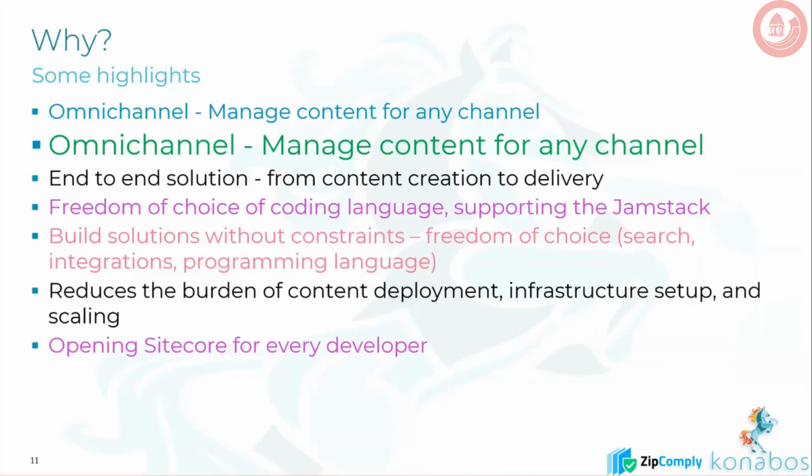And using this in an omni-channel way helps us deliver things using the Jamstack architecture. Again, Jamstack architecture does not have to involve a JavaScript framework like Next.js or Vue. You could do it in .NET Core if that's what you choose to. But from an architectural perspective, with microservices, it just makes absolute sense.